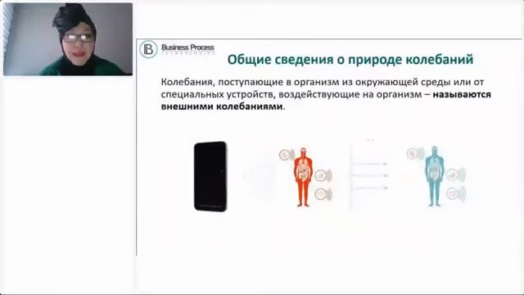Oscillations entering the body from the environment or special devices and affecting it are called external oscillations. These effects are harmonic when they help the body restore its work. They have a disharmonic spectrum if they disrupt and have a negative effect on the human body.